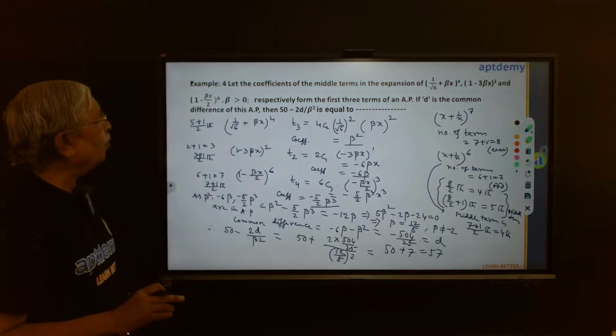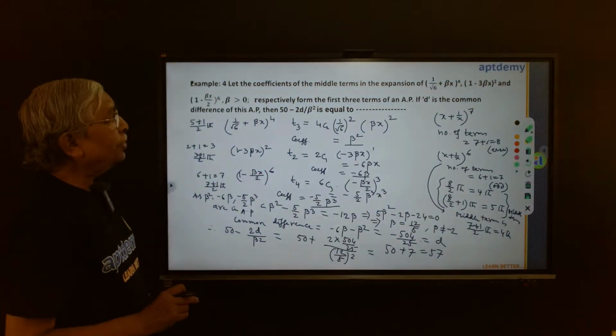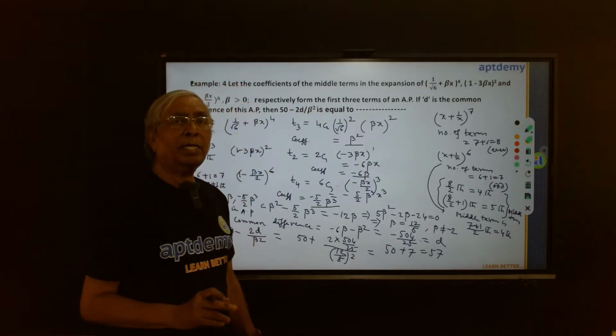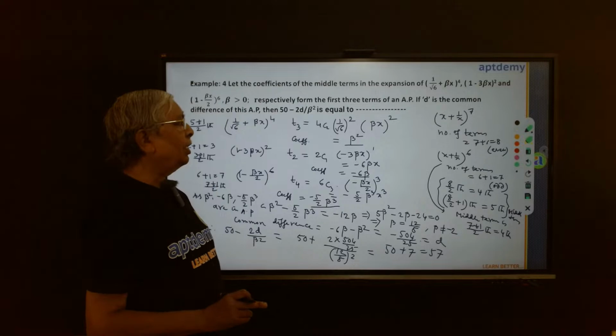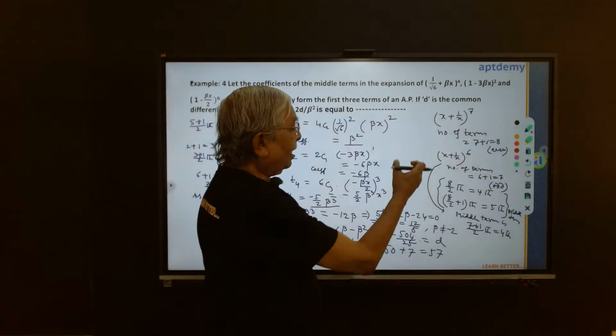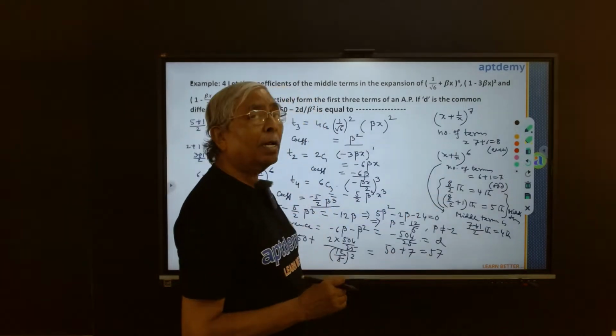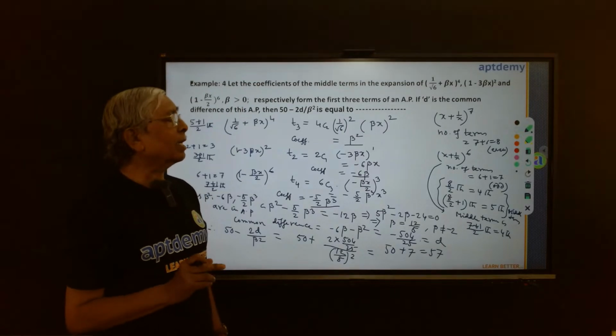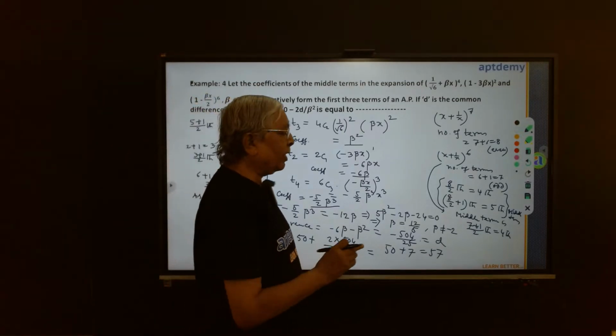Again, I am discussing this problem. The coefficients of the middle terms of these three expansions are the first three terms of an AP with common difference d. So first, to find the middle terms of the given expansions: if the number of terms is odd, then we have one middle term, that is the (number of terms plus 1) by 2 th term.